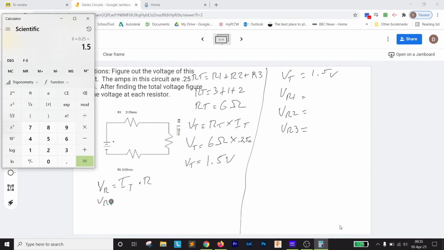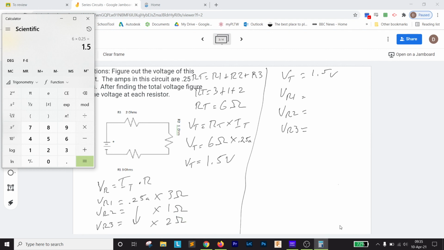So VR1, VR2, and VR3 equal 0.25 amps all the way down times 3 ohms, times 1 ohm, and times 2 ohms. Okay, here we go.